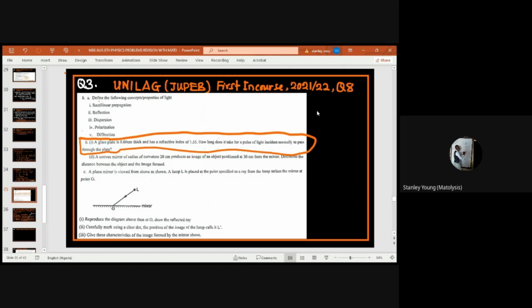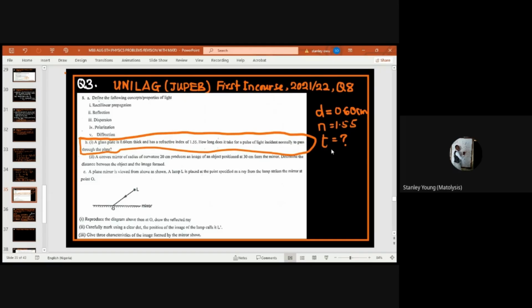Let's call that D. I don't want to use T for time, so let's just use D. It has an absolute refractive index of 1.55. How long does it take for a pulse of light incident normally to pass through the glass?